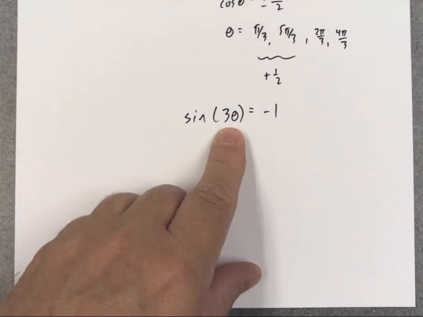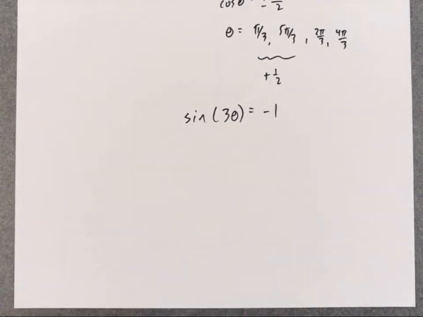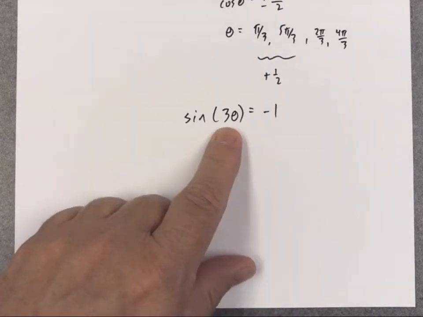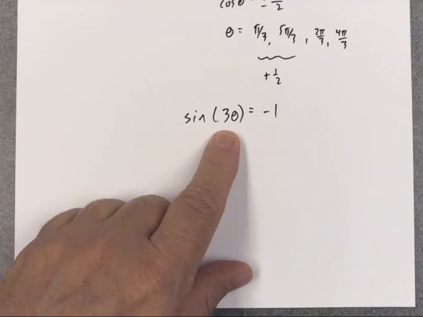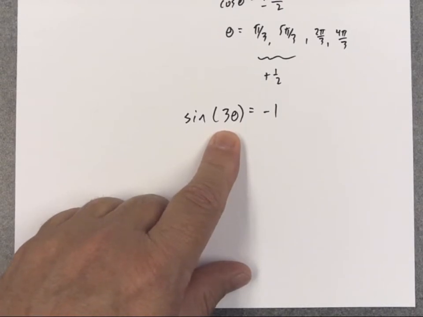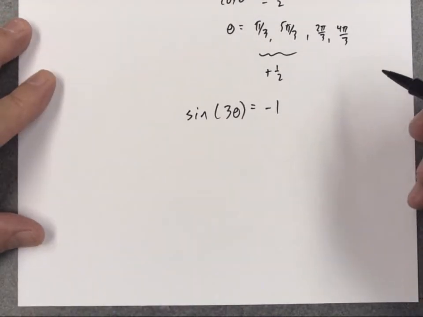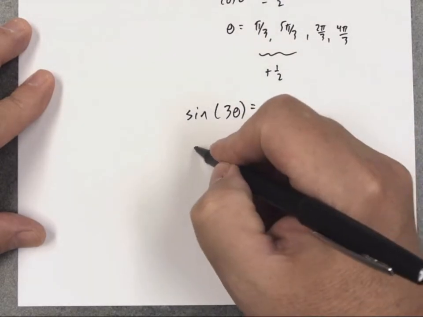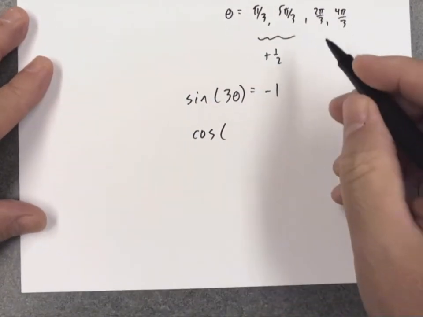Now it's 3 theta, and that causes some complications. Matter of fact, I'm going to solve this one, and then I'm going to solve another one in a minute that's very similar. It looks more complicated.